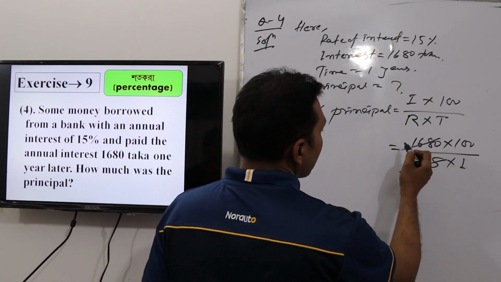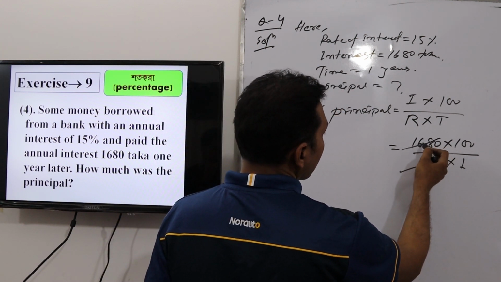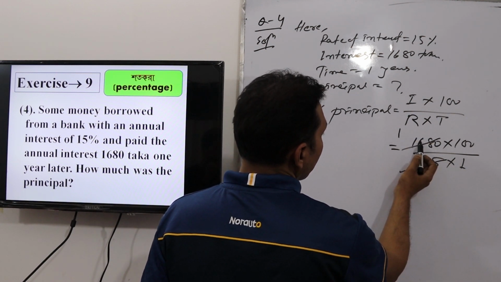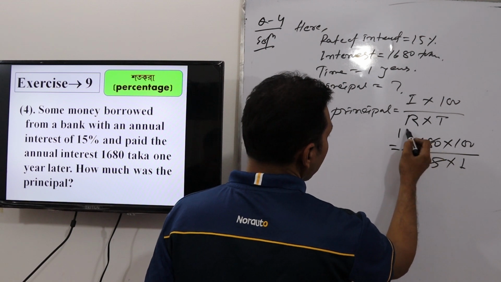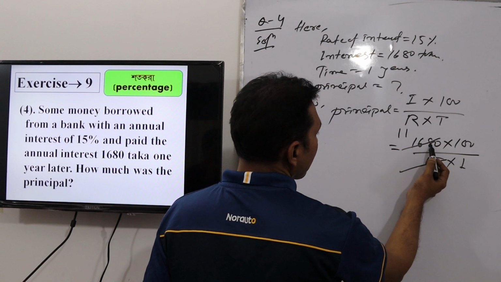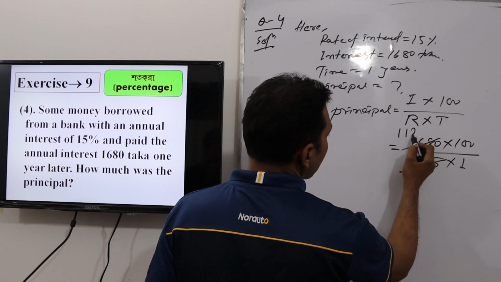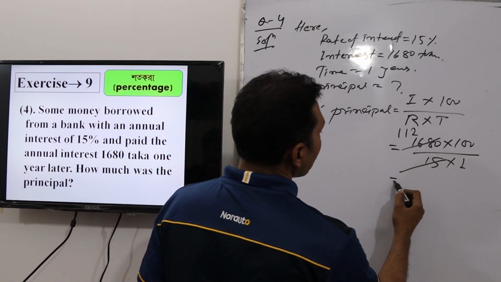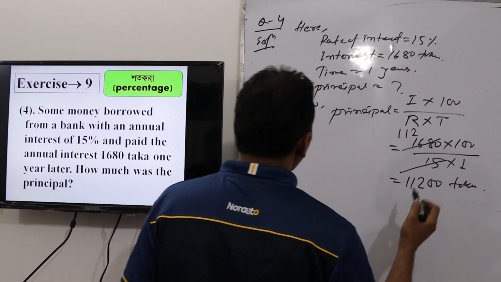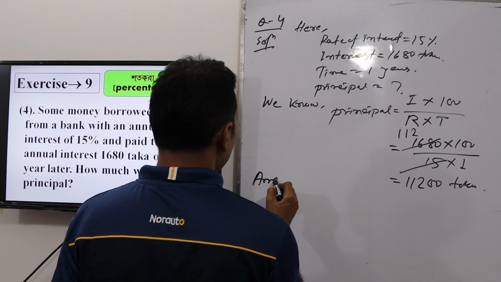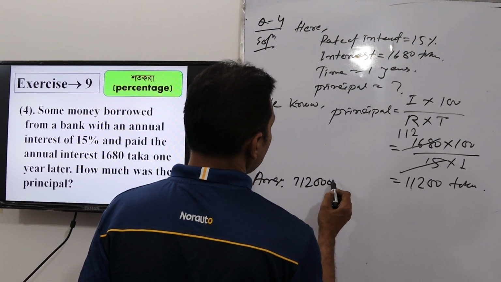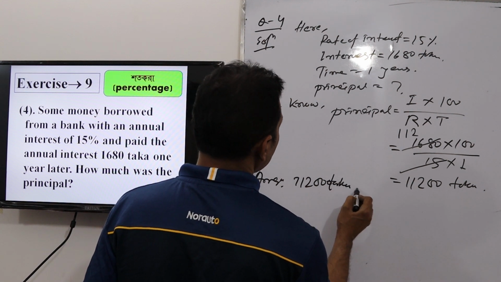So 1680 times 100 divided by 15. 15 ones are 15, carry 1, 18; 15 ones are 15, carry 30; 15 twos are 30. So the answer is 11200 taka.